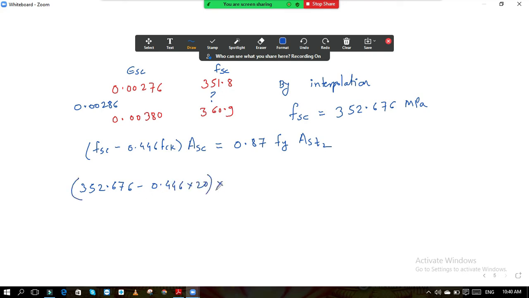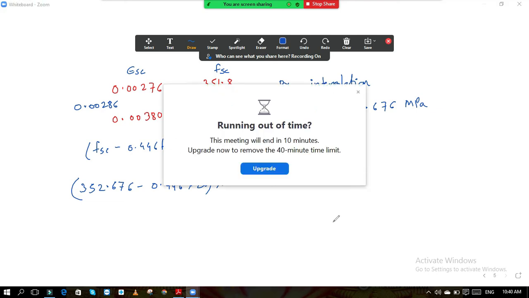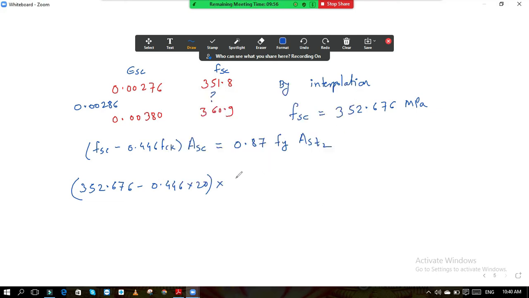ASC we have already calculated, so it is 226.19, which is equal to 0.87 into Fy, which is 415, our steel is there, into AST2.